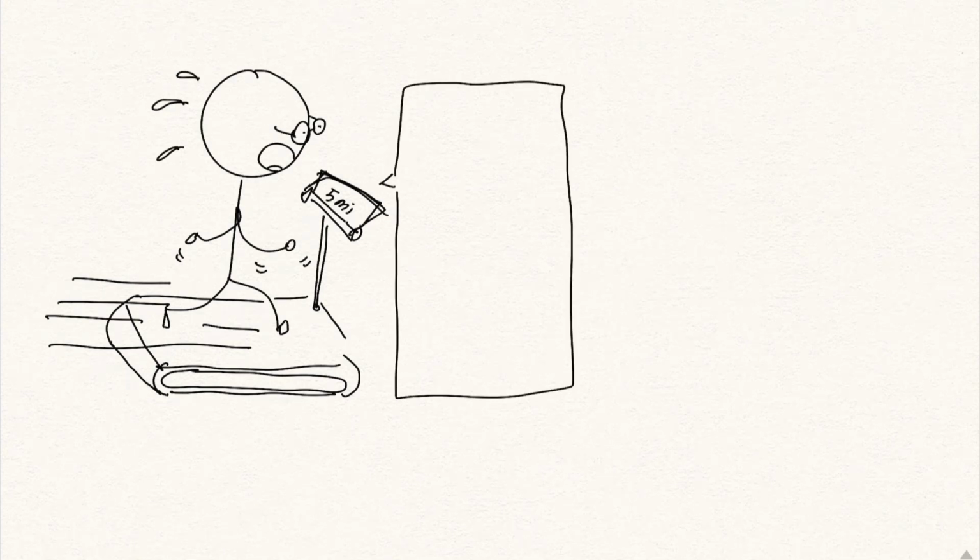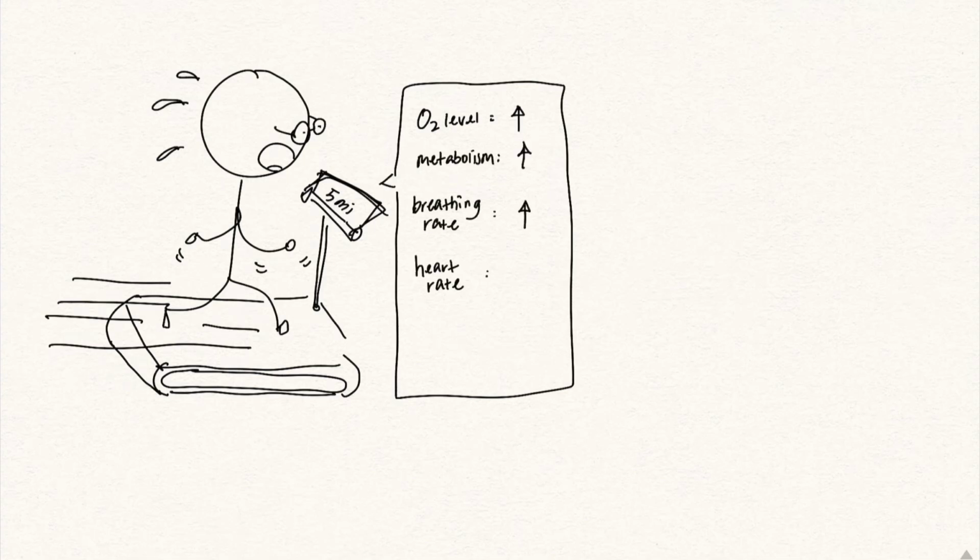For example, breathing during exercise is different from our regular breathing. When we are physically active, our muscles require more oxygen to produce energy. So our breathing rate and depth increase to deliver more oxygen to the working muscles to meet our body's demand.